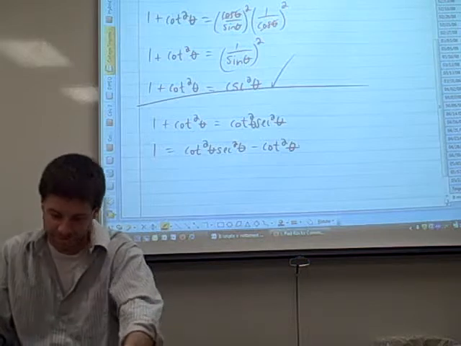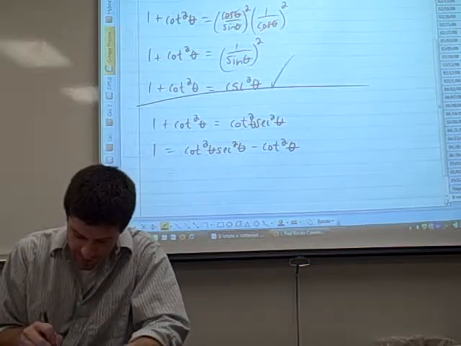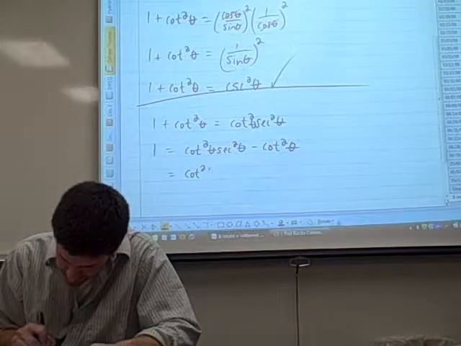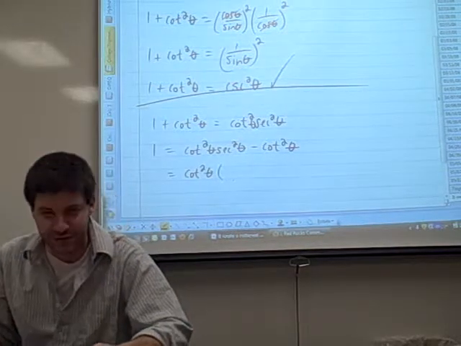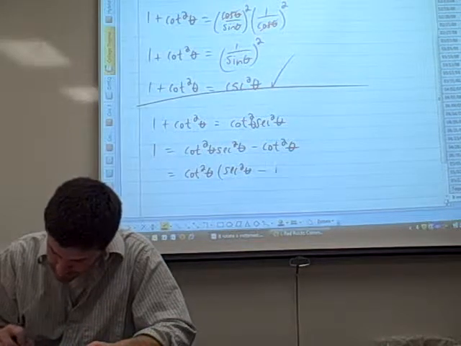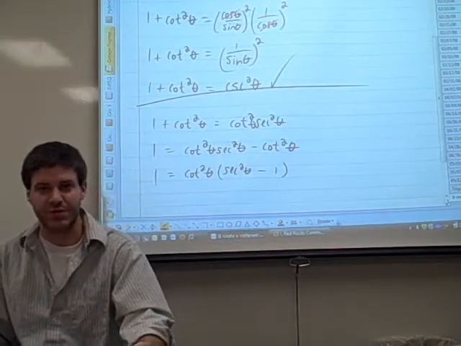And that's perfectly fine. Of course, you did this so that you could factor out a cotangent. If you factor cotangent out of the first term, you're left with the secant squared. Out of the second term, you're left with a minus 1.